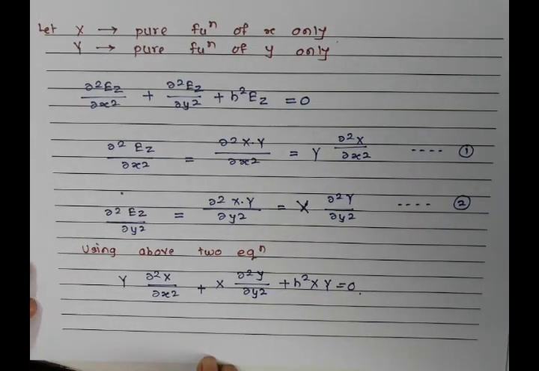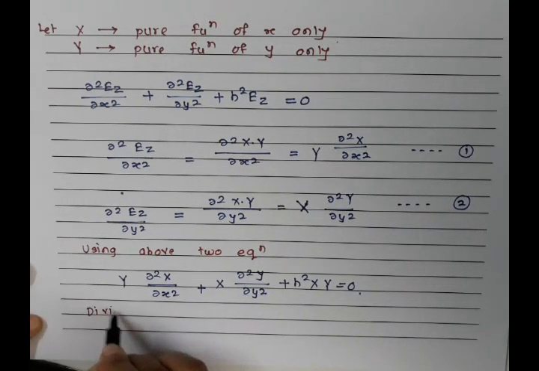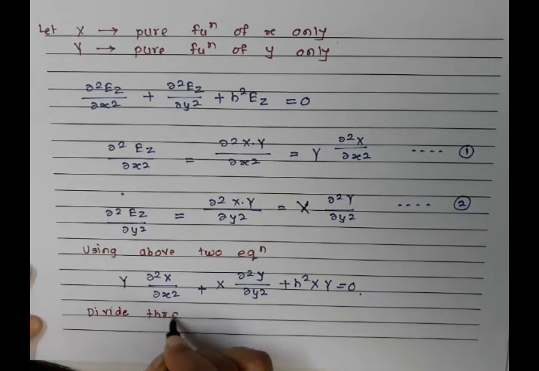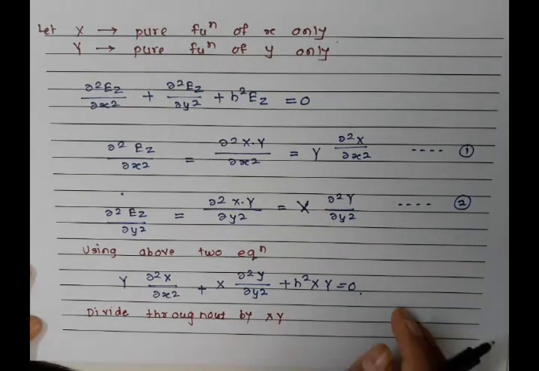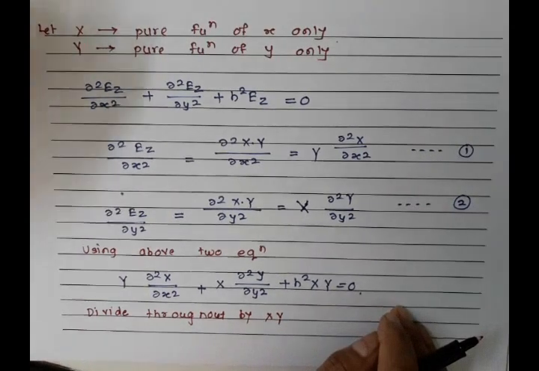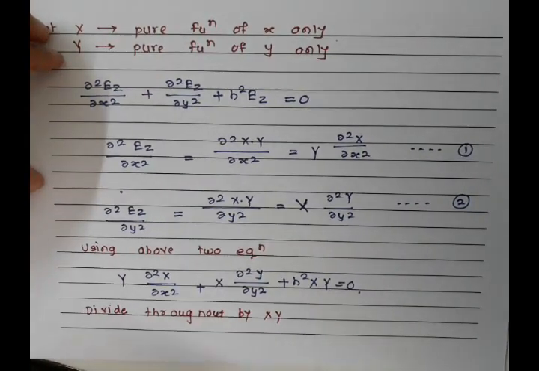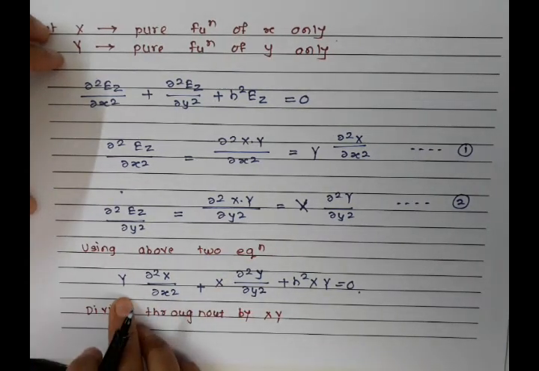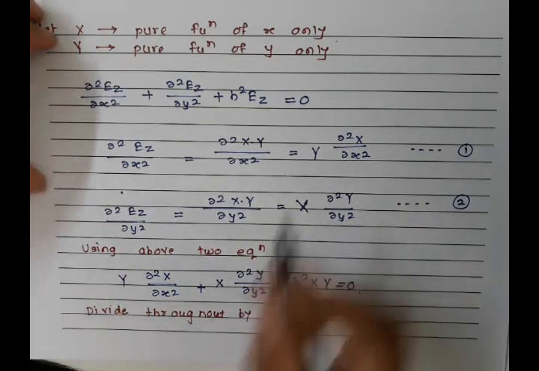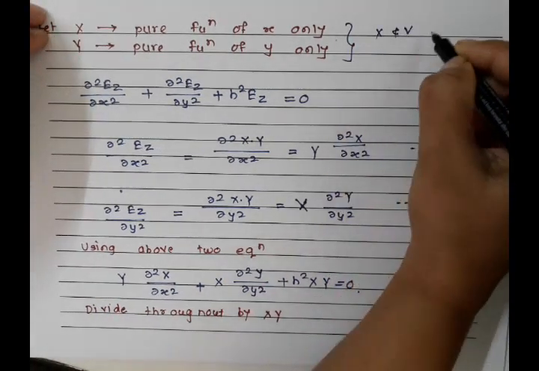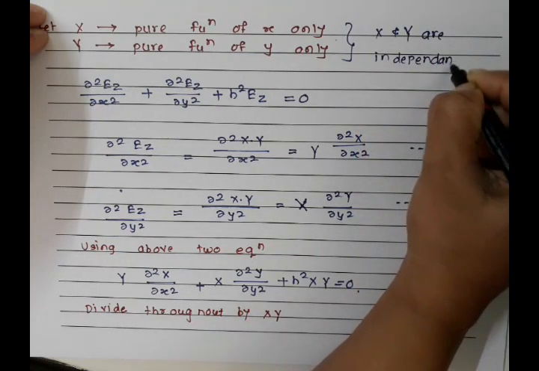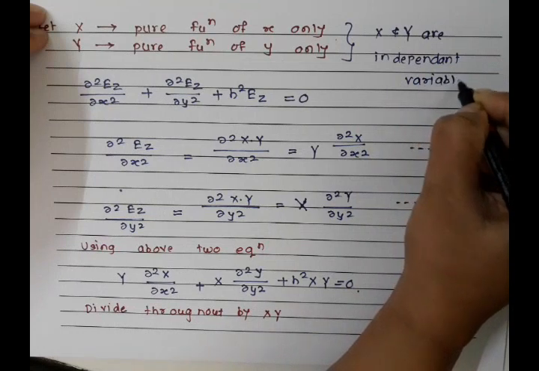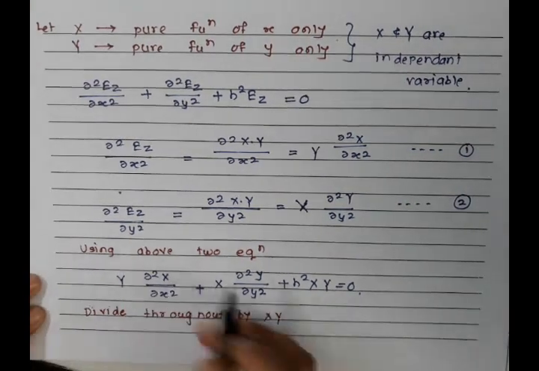Now, dividing throughout by XY, we get another equation. Here we know that x and y are independent variables.